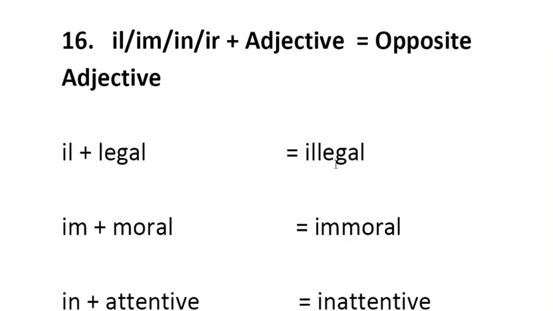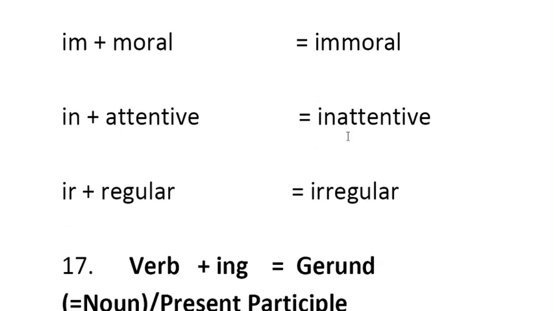These are prefixes, and the words become opposite, means they are added to the adjective and it becomes the opposite adjective. Illegal, immoral, inattentive, irregular. So rule 16 is about prefix. Prefix im, il, in, ir must be added and it becomes opposite adjective.